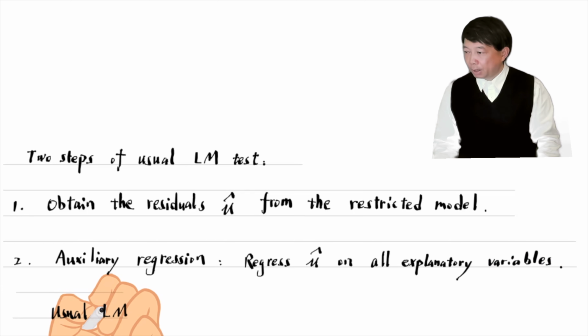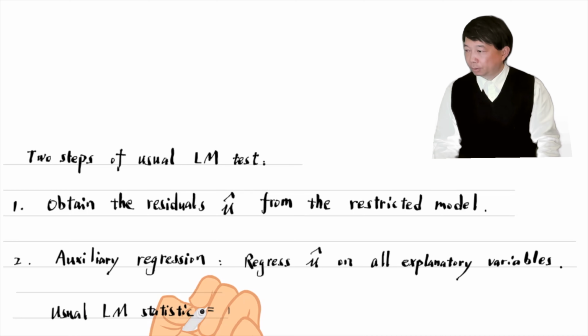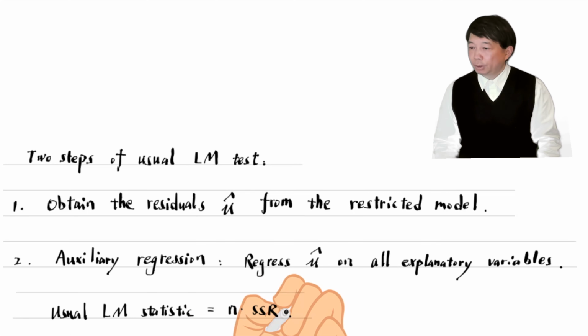The usual LM statistic equals the sample size times the residual sum of squares from the auxiliary regression.